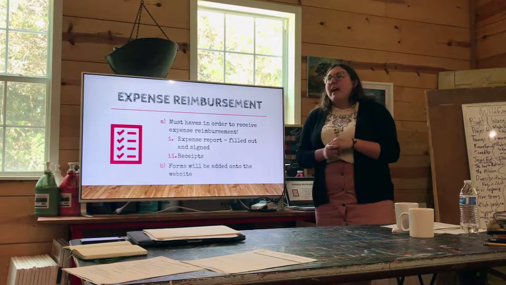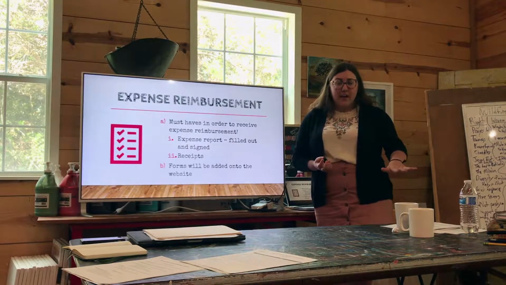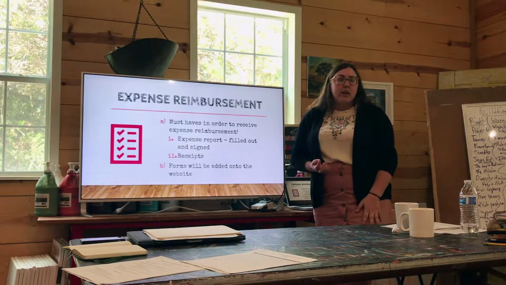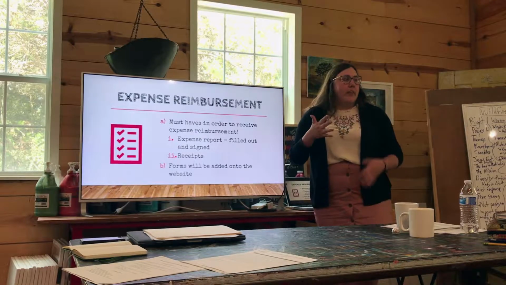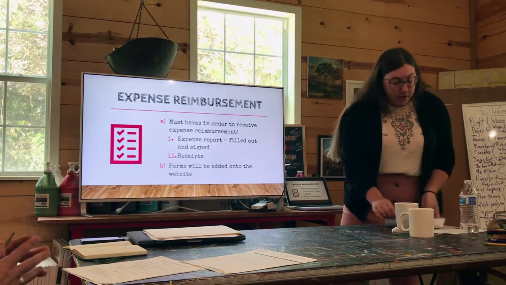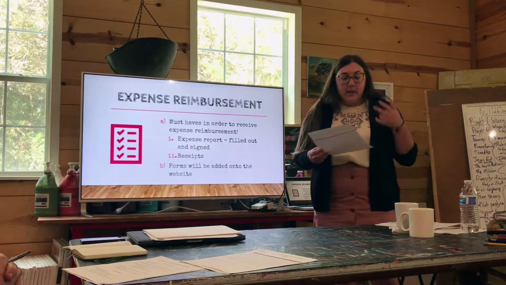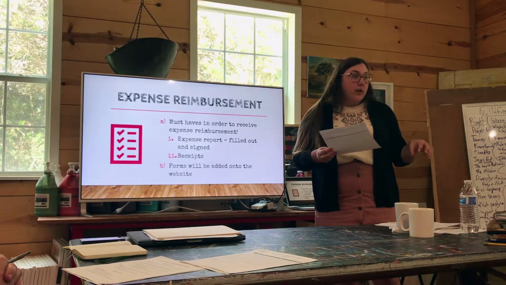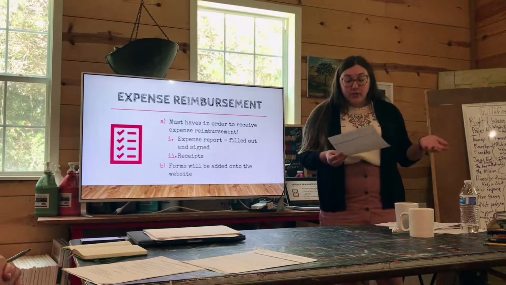I haven't been as strict about requiring an expense report, and you don't necessarily have to use the one that I gave. I know that everybody has a preferred method that works best for them. But if you're not going to use the one I gave, have something that at least tells me what it's for, what category or account it would need to be tracked to, and the amount.